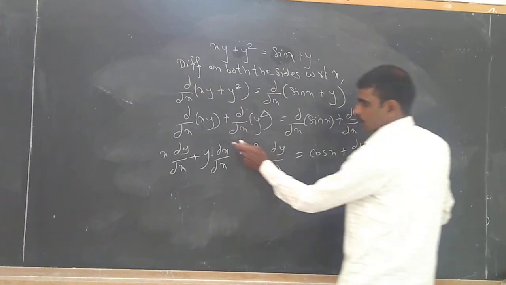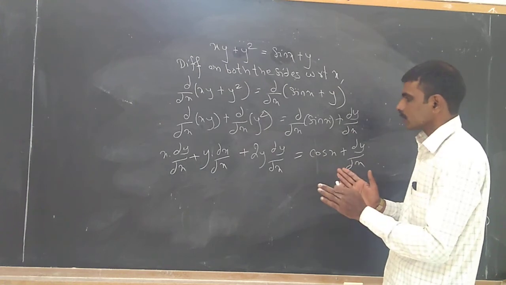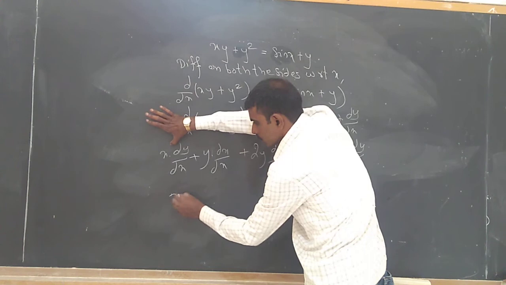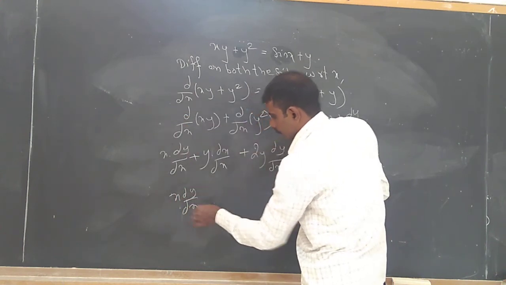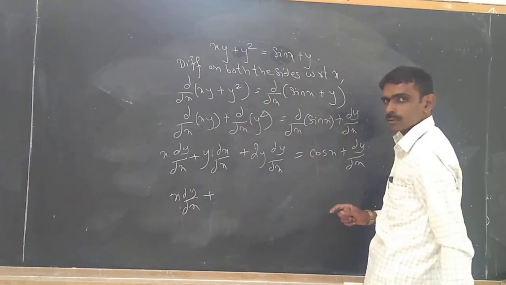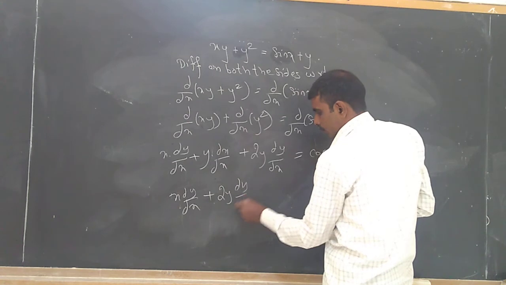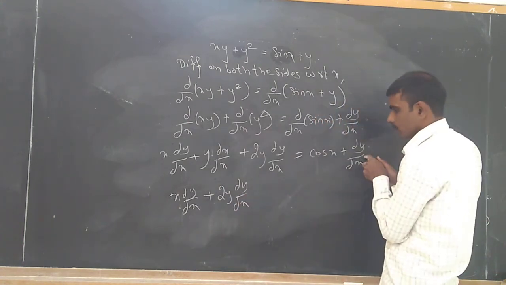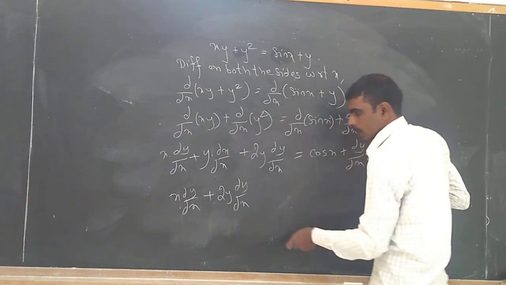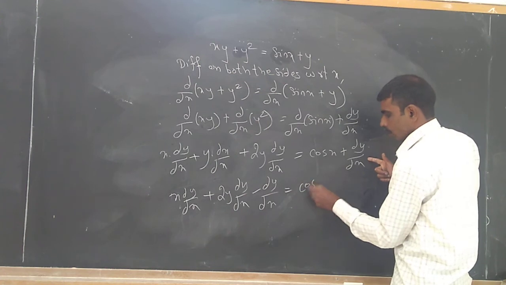Now collect the terms containing dy by dx to one side, rest all transfer to the other side. So the first term here is x into dy by dx plus 2y into dy by dx, and one more term on the RHS which we will be transferring to the LHS, minus dy by dx is equal to cos x.